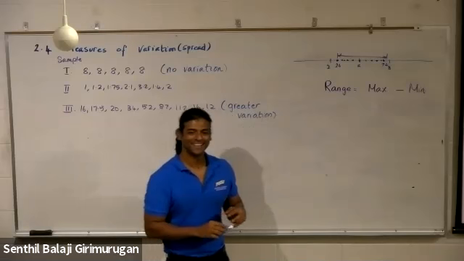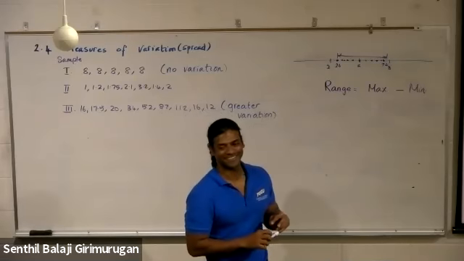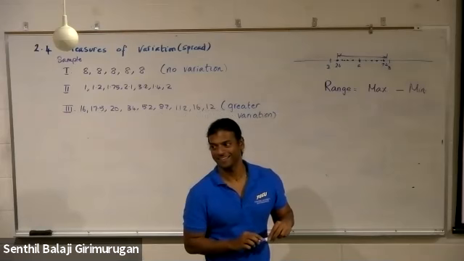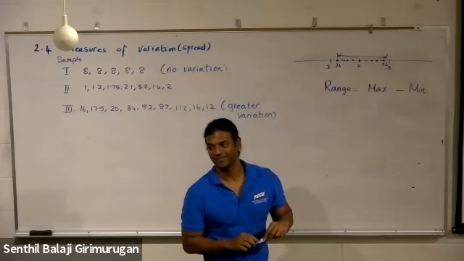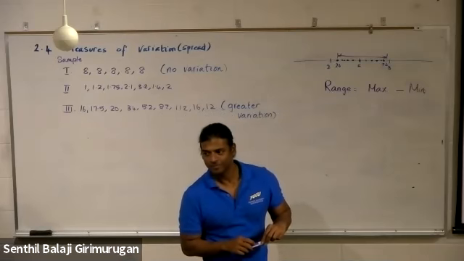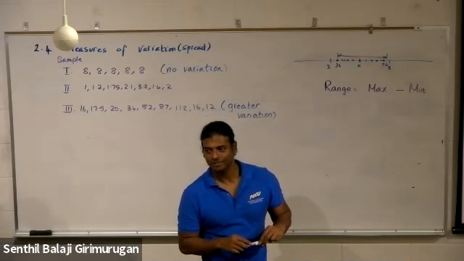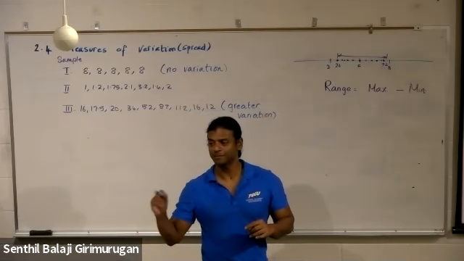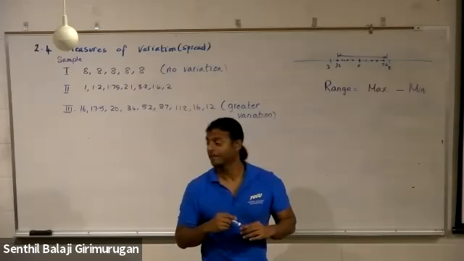I'm not saying always. What else? I may be wrong, but I actually do think that it's a good measure of variation. You're taking the largest value and the smallest value. Is that a good thing or a bad thing? That's a good thing when you want to measure variation.